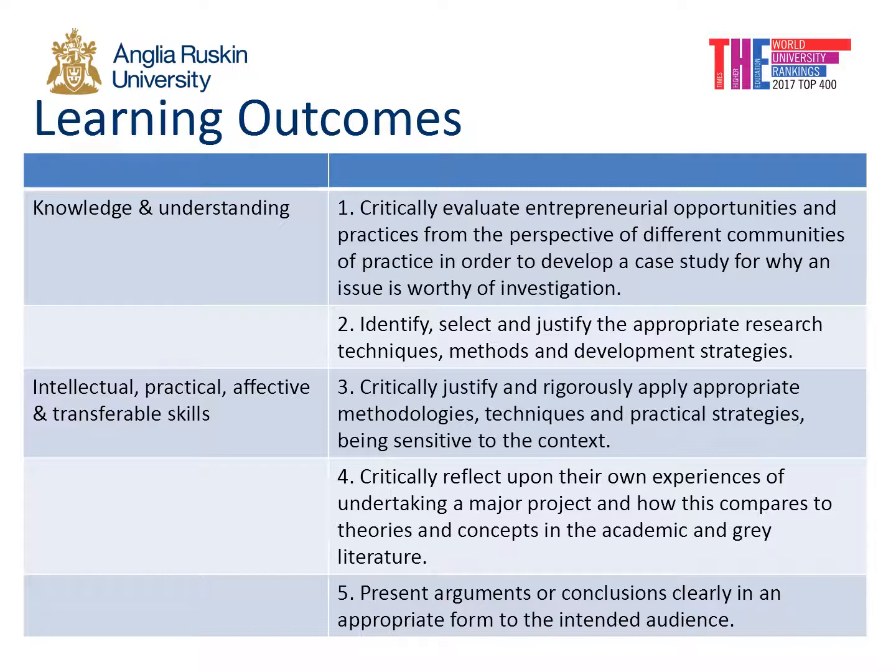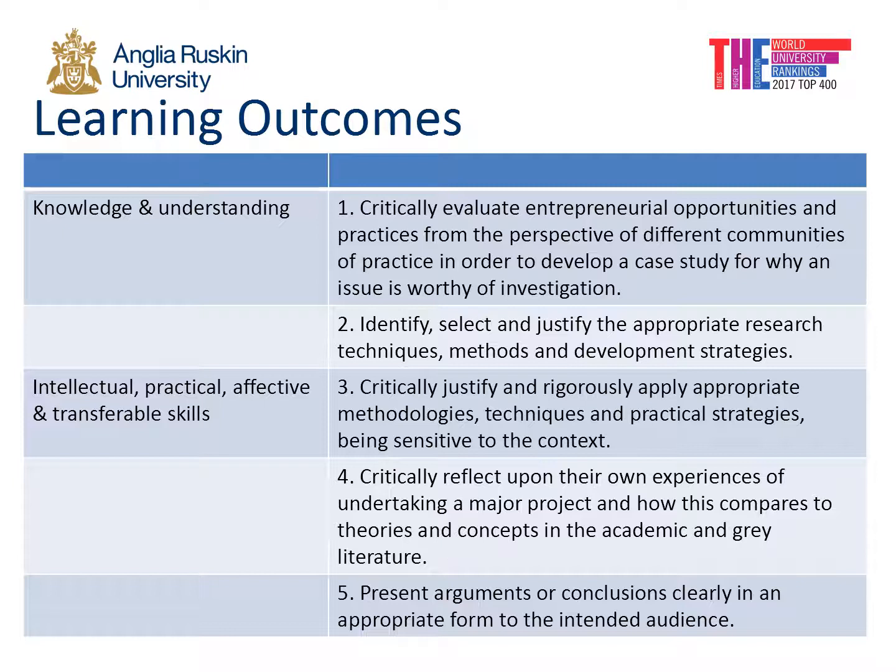As you can read on the slide, learning outcome 1 is that you need to critically evaluate entrepreneurial opportunities and practices from the perspective of different communities of practice in order to develop a case study for why an issue is worthy of investigation.